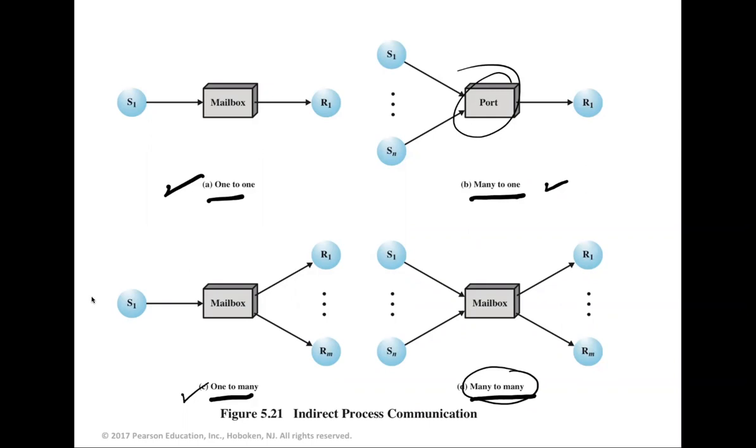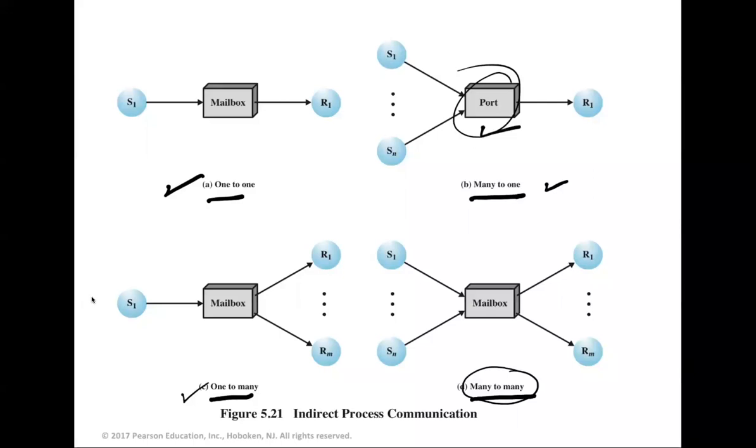So for the one-to-one relationship, to summarize, it allows a private communication link to be set up between two processes. It insulates the interaction between processes from any interference of other processes. The many-to-one relationship is useful for client and server interactions, and then the mailbox will be called a port.